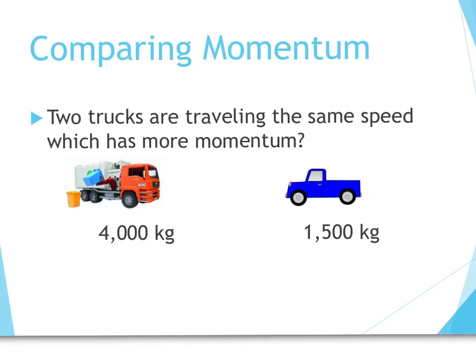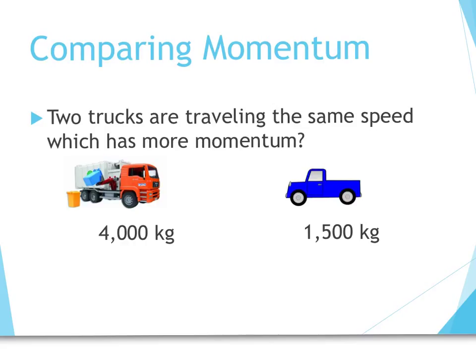Now there's two pieces to momentum, mass and velocity, and they're equal in their contribution to momentum. Now, we need to be able to compare momentum. Let's say we have two objects that have the same speed but different masses. In this case, we have a trash truck and a pickup truck.